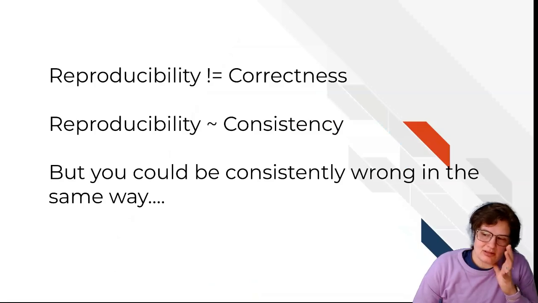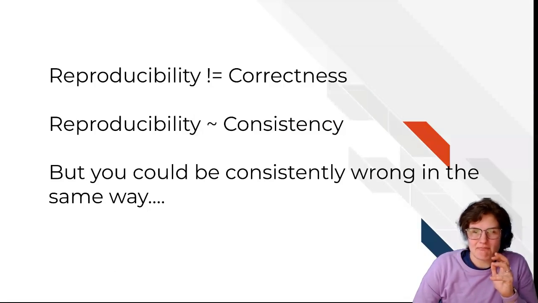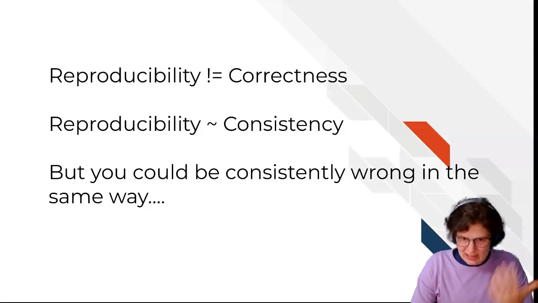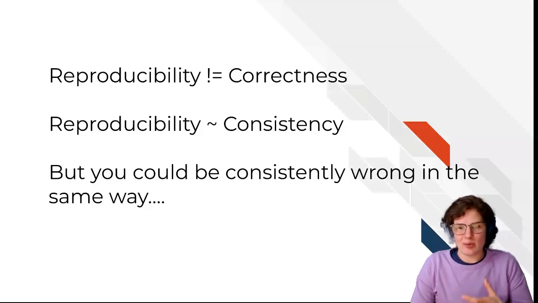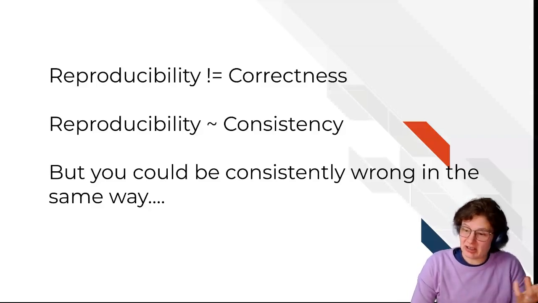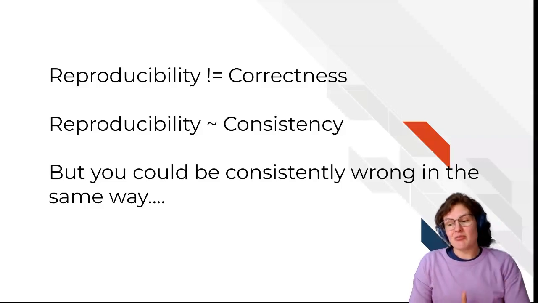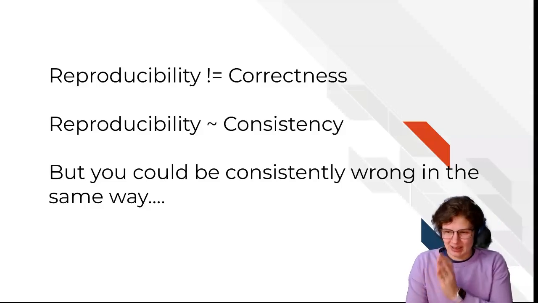To clarify, though, reproducibility does not mean it's correct, right? You could be consistently wrong in the same way. However, you can't be inconsistently right. Let me say that again. You can be consistently wrong, but you can't be inconsistently right.